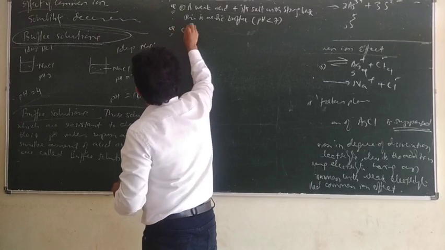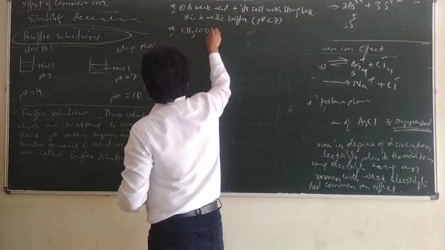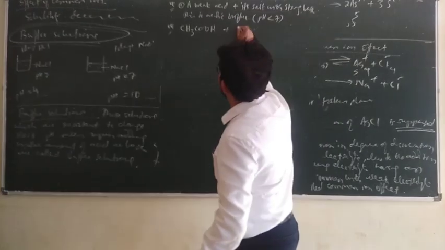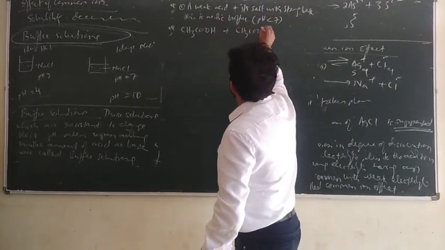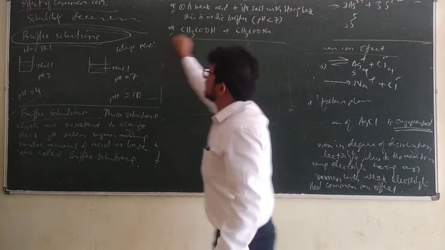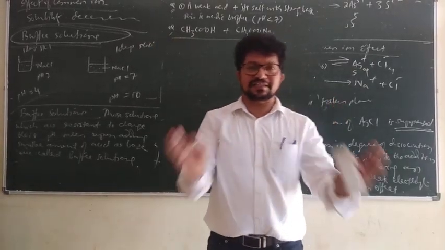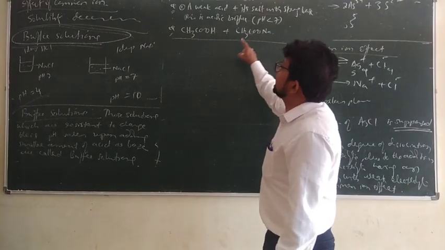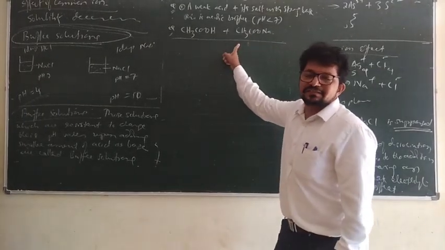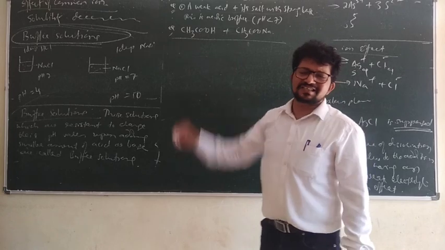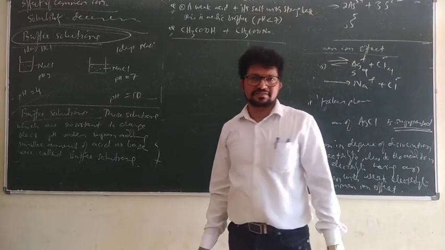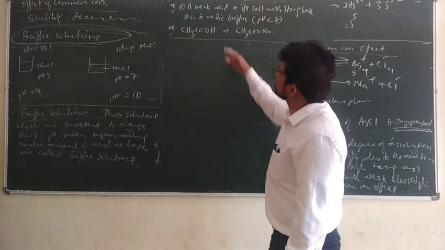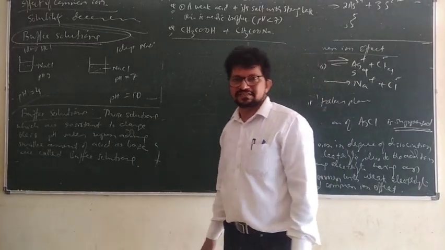One example is acetic acid plus its salt with a strong base NaOH, CH3COONa. Acetic acid and sodium acetate is an acidic buffer. And if you add acid or base to this, pH will not change. Details are not in your syllabus. Only an elementary idea has to be discussed.